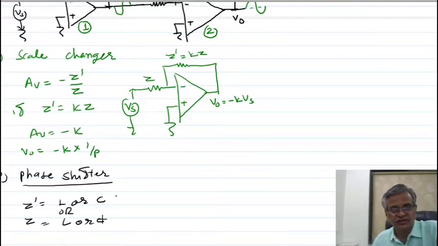So by using a variable capacitor and variable inductor in place of Z and Zs, you can obtain different phase shifts between input and output.